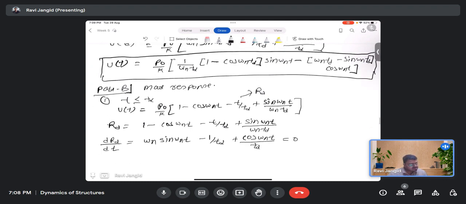If I put it equal to 0, then I can rewrite this equation as a omega n sin omega n t is equal to 1 minus cos omega n t over td.